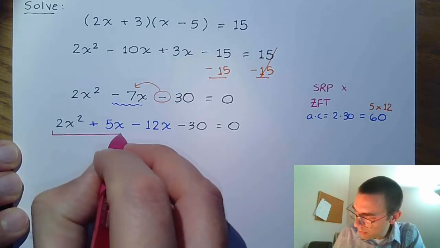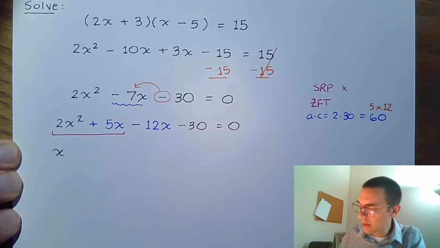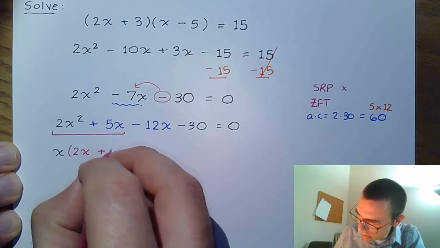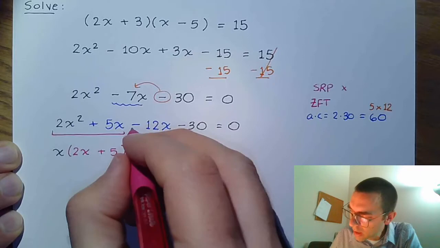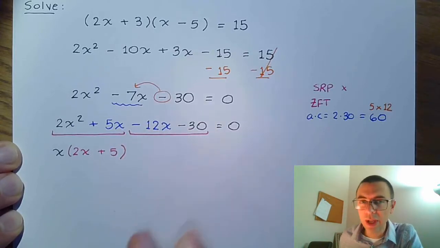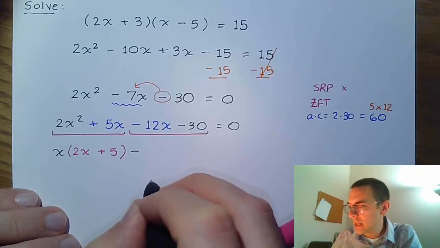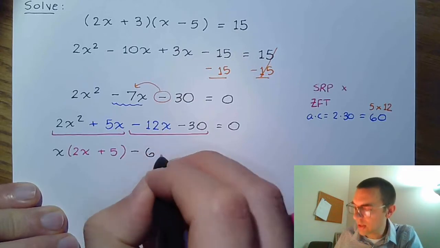So in the first group, we have a common factor of x. So I've factored that out, leaving me with 2x plus 5. In the second group, notice that I lead off with a negative, so factor out a negative, and the common factor for 12 and 30 is 6.